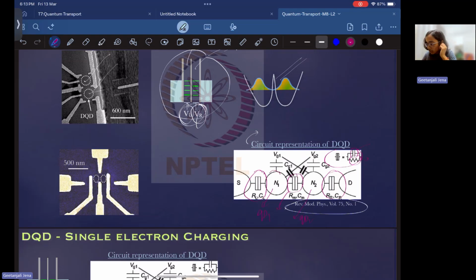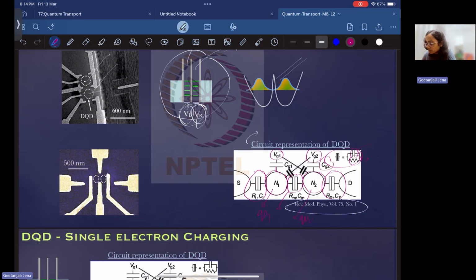To control the electrostatic potential of this double quantum dot, we can couple quantum dot one to a gate voltage through a capacitance CG1, and capacitively couple quantum dot two to a gate voltage through the capacitor CG2.